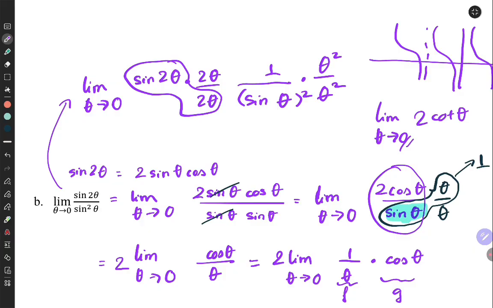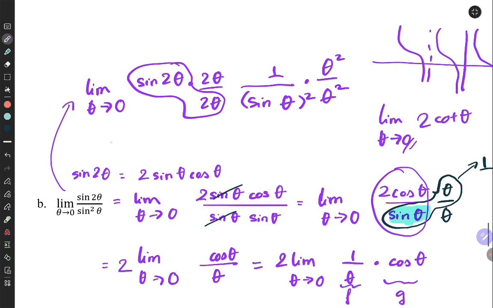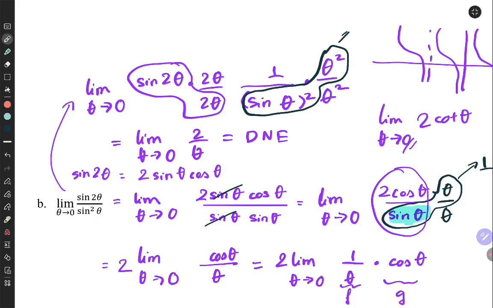So that is another approach. It will eventually end up to be 2 over theta, which is DNE again. If you do the simplification, this is 1, this is also 1.